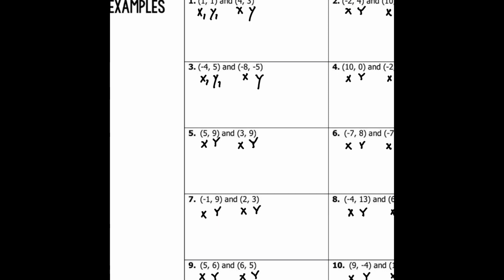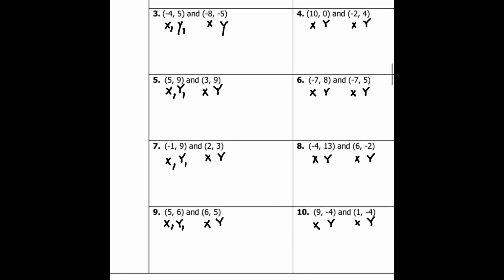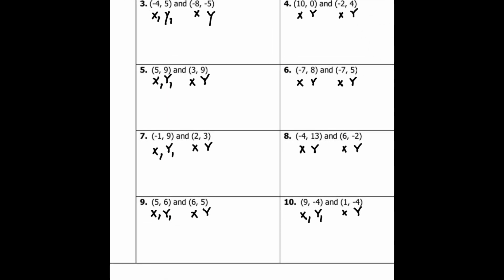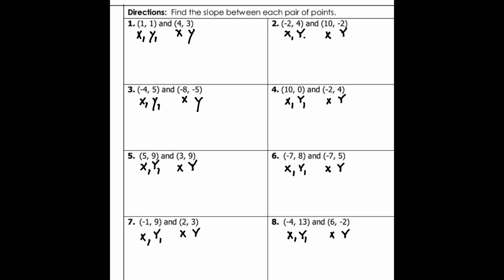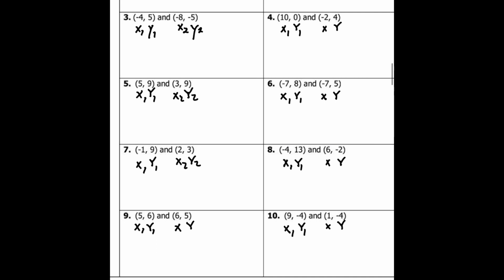So I'm just going to put 1s down for all of them. x1, y1, x1, y1, and so on. After I get through all those, I go through and put all the 2s on that second ordered pair. So x2, y2, x2, y2, and I go through and I do it for all of my other points.